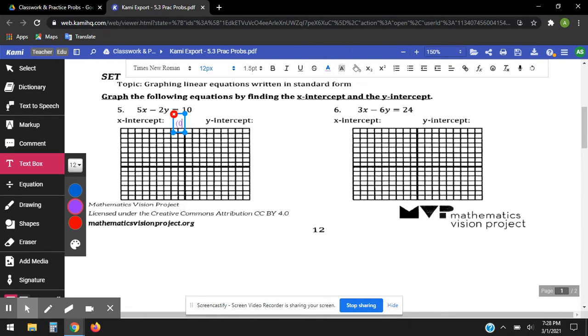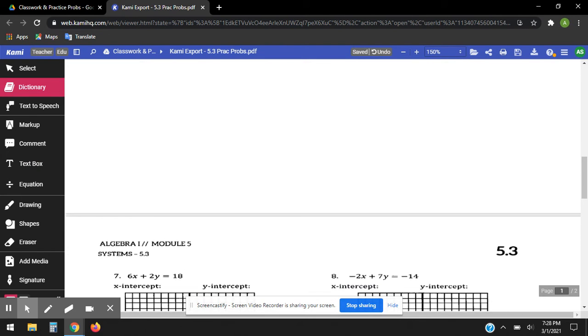So if x equals 0, then -2 equals 10, -2y. Well, y has to be -5, right? -2 times -5 will give me a +10. And then for the x-intercept, I need my y to be 0. So if this equals 0, 5 times what minus 0 equals 10. 5 times 2. What happened to my page?